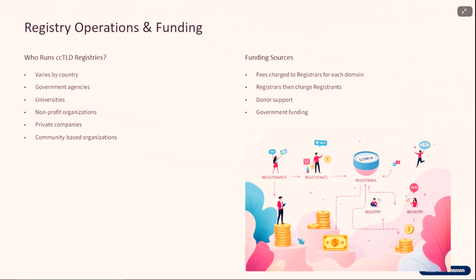And then you have the government funding. The government funding mainly comes in when the registries are at the infancy stage. When the registry starts, mostly the money they generate from the registration are not enough to run. So sometimes government steps in to provide them some funding support.